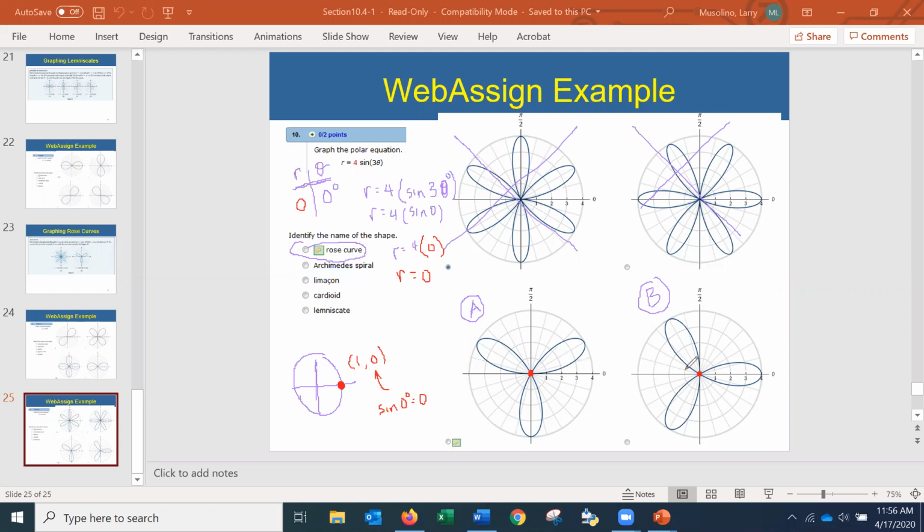So I'm going to need another option. Does anyone have any idea of what I might do here to help determine which one of these 2 might be the correct graph? Anyone have any thoughts?